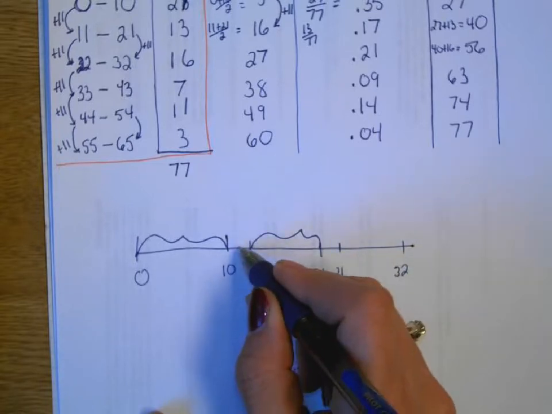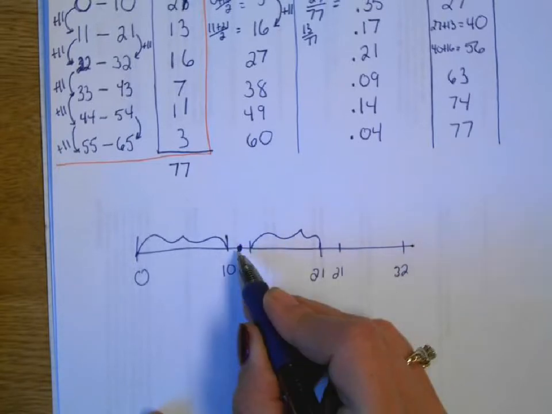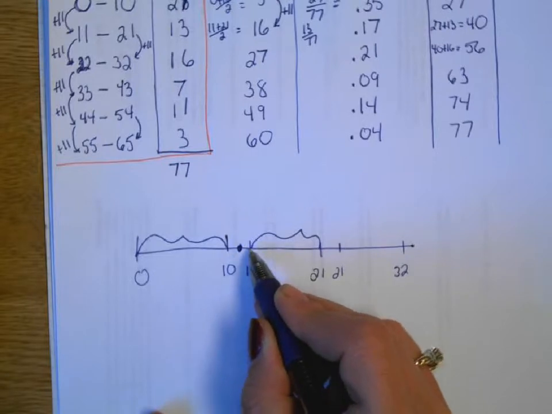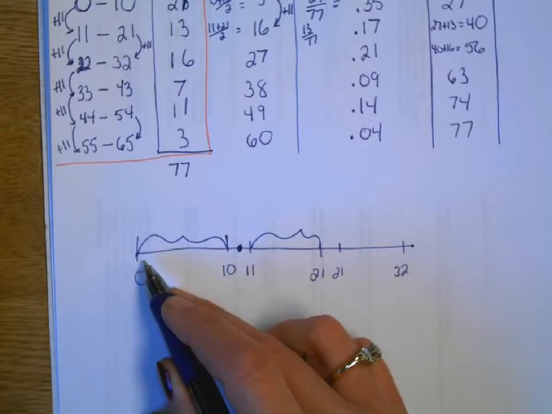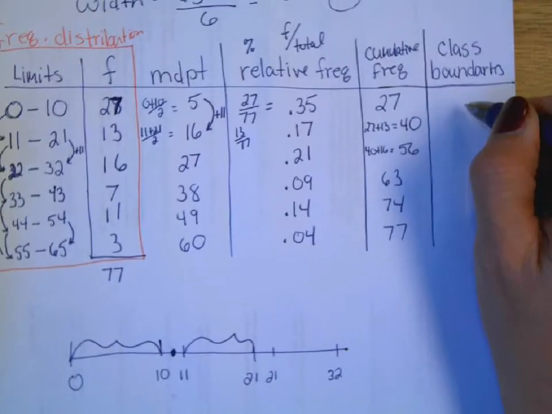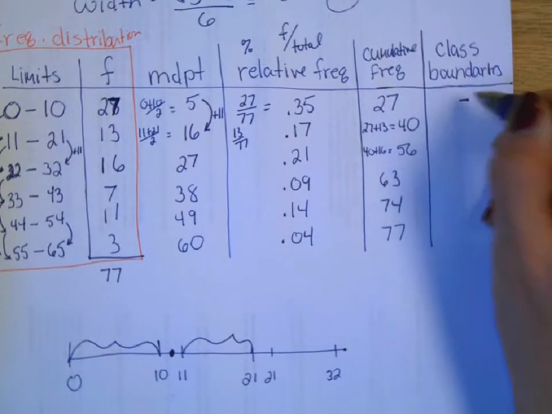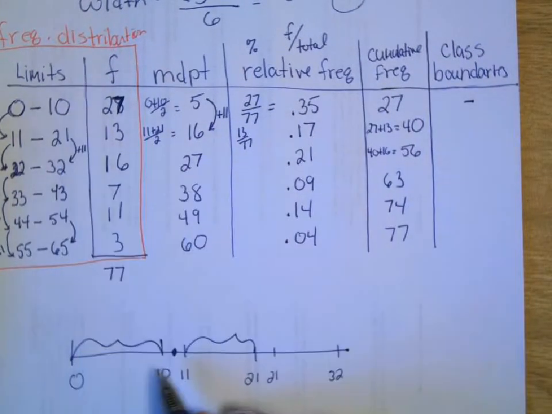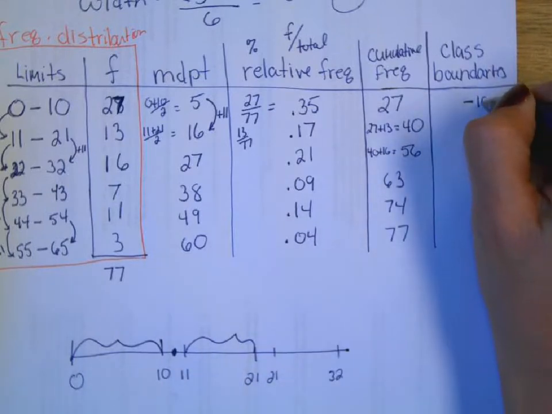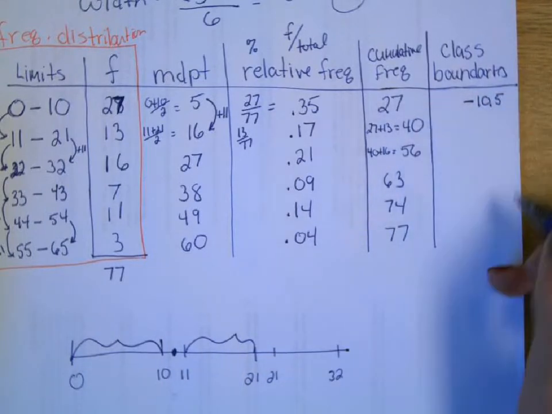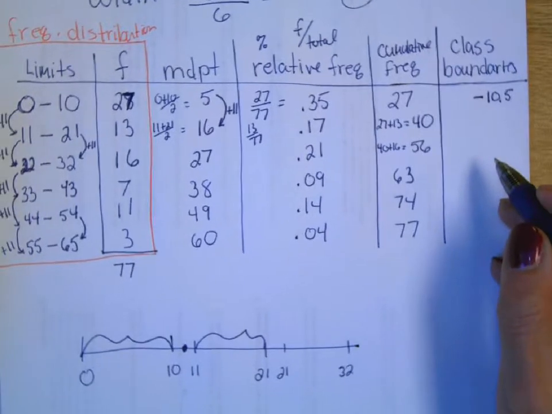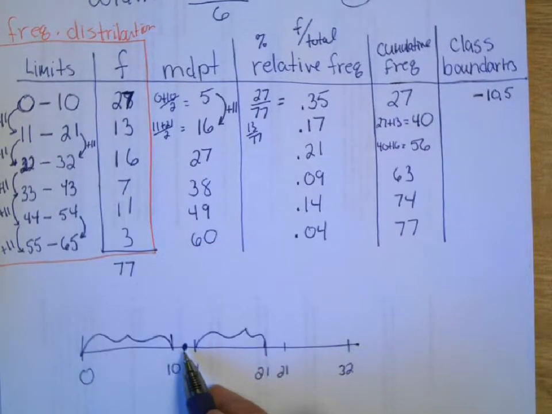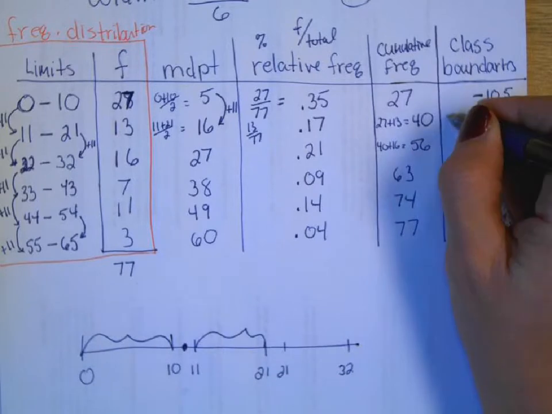So instead of ending at 10, I want to end at 10 and a half, and I want to have the other one start at 10 and a half. I want to save the 0 for a minute. So this first class boundary, the limit's 10, I'm going to bump it out to 10 and a half. The second class, instead of starting at 11, I'm going to back it up to meet that first class and have it start at 10 and a half.